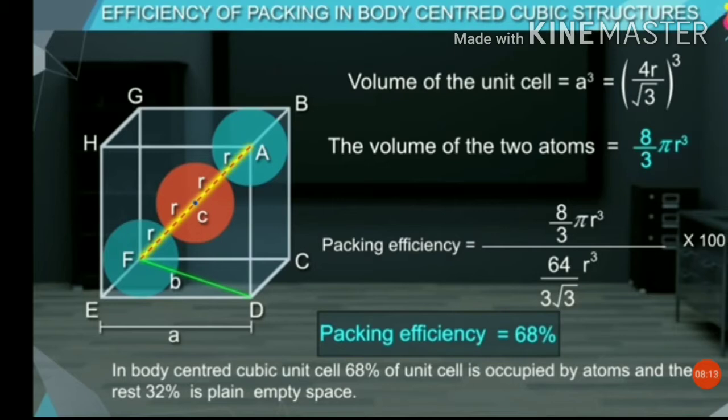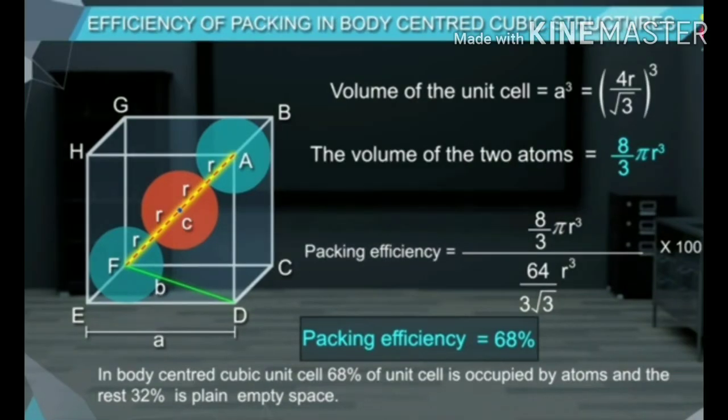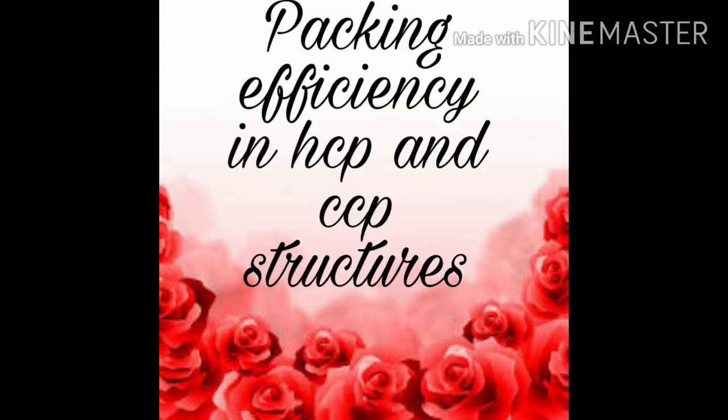Therefore, in body-centered cubic unit cell, 68% of unit cell is occupied by atoms and the rest 32% is empty space. Next, we calculate the packing efficiency in HCP or hexagonal close packing and CCP or cubic close packed structures.